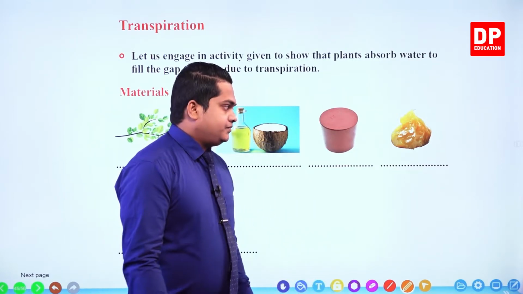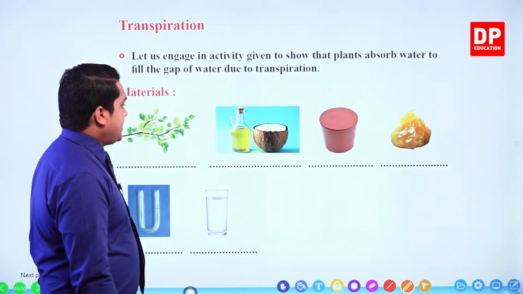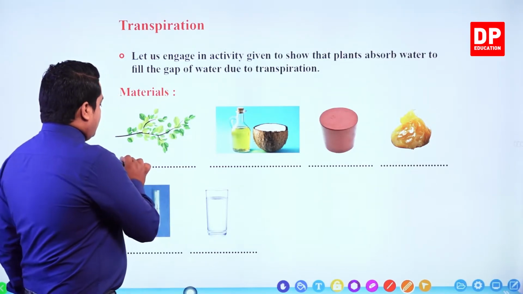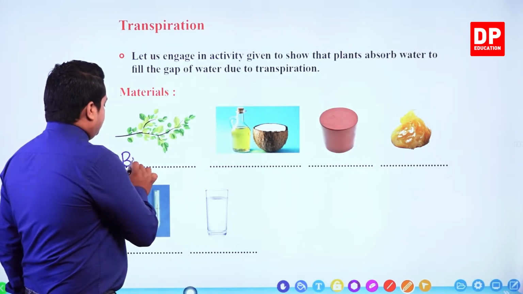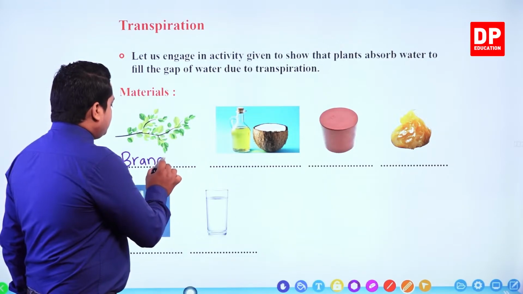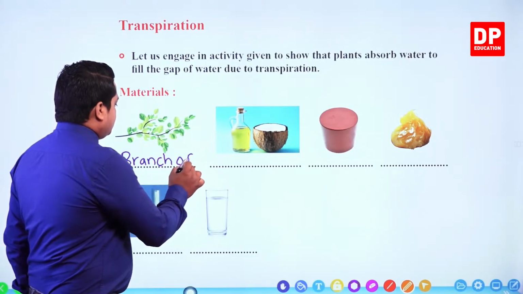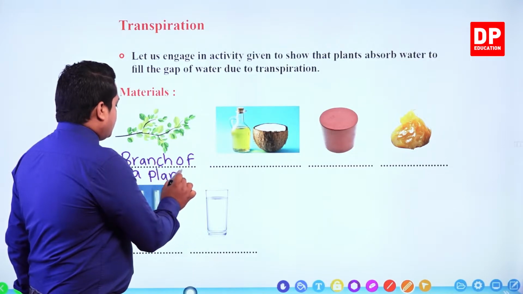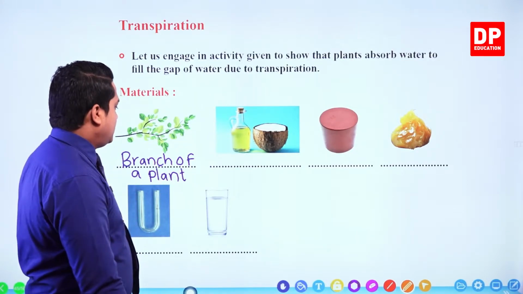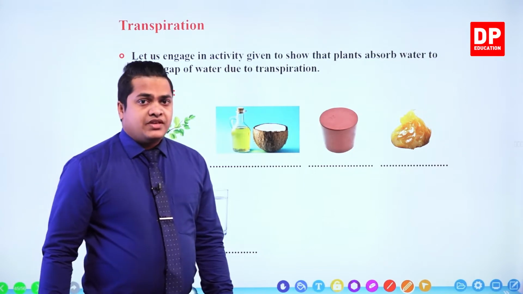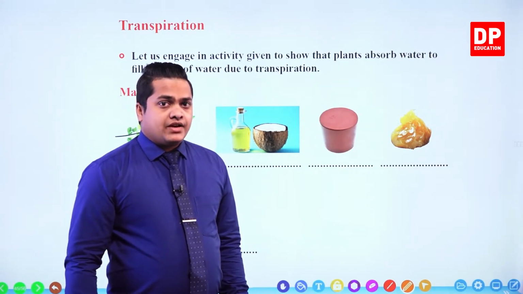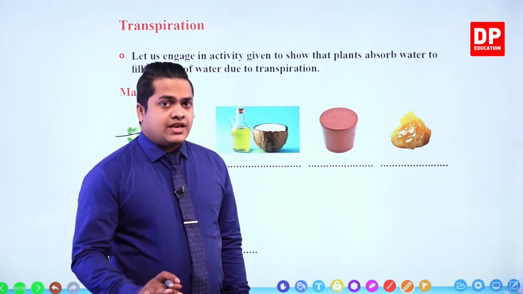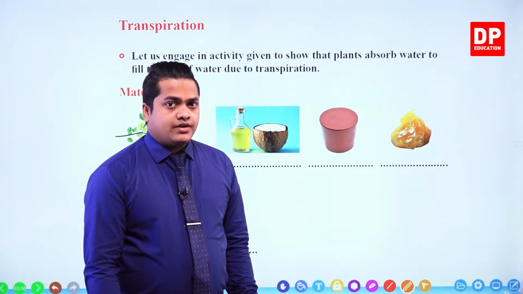Right, so within this activity you will be needing a branch of a plant. Branch means actually it's better to take the topmost aerial part of the plant.